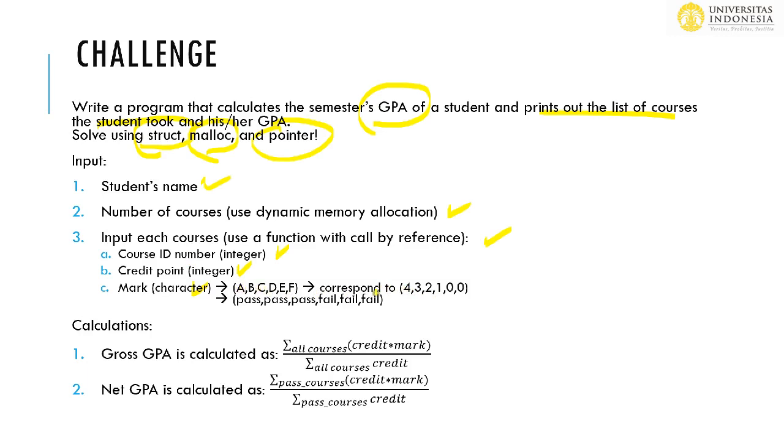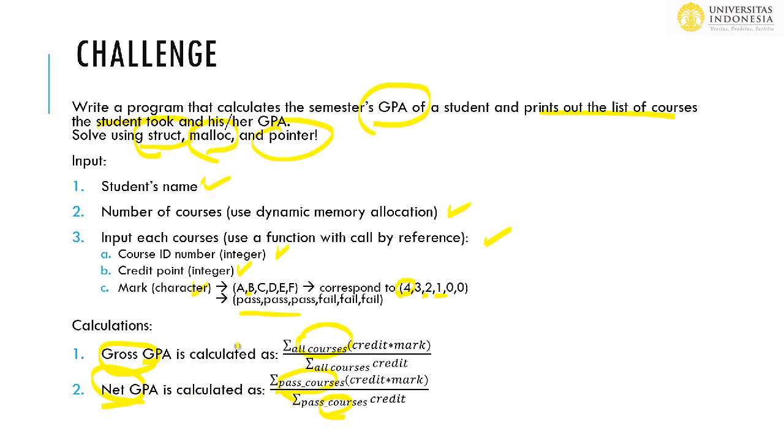The mark shows you the corresponding weight. For example, A corresponds to a weight of 4, B is 3, etc., and also these categories. You have to calculate the gross GPA, which counts all the courses, and also the net GPA, which only counts the passed courses.